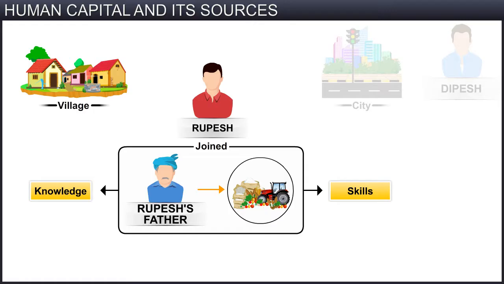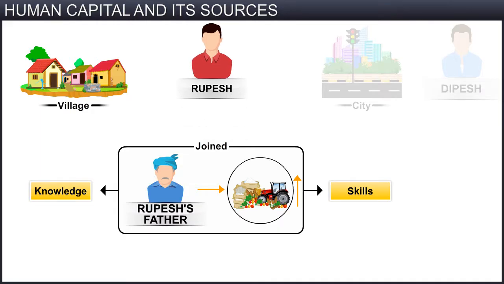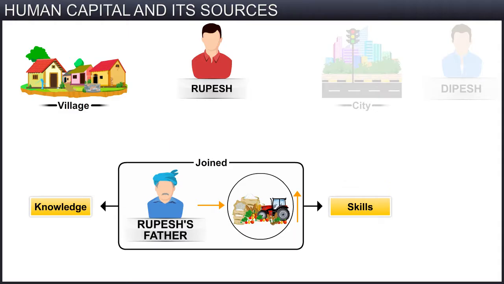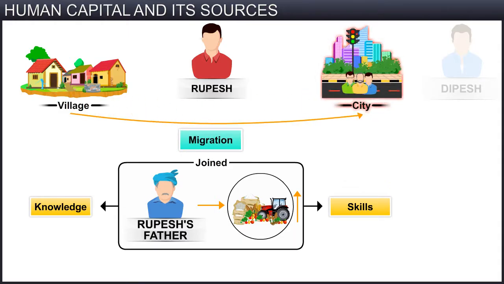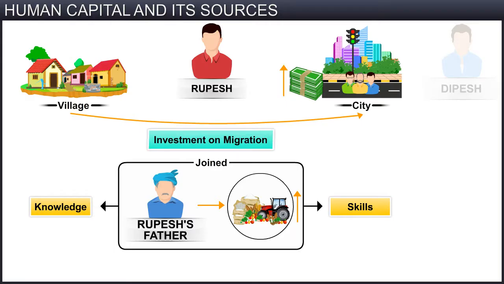This increased his family's income level, which can be seen as the return on his father's investment. Likewise, others also invest considerable sums on migrating to urban areas to increase their earning potential. This is why investment on migration is another source of human capital.